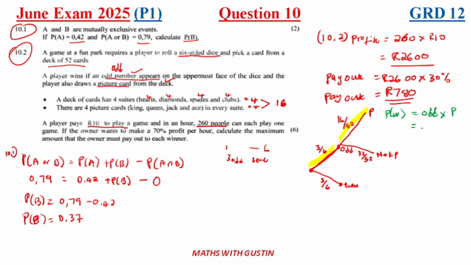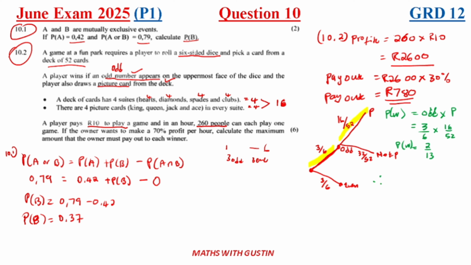Which gives us 3/6 multiplied by 16/52. This is the probability of getting a winner. It is giving me 2/13. This is for the win. All right. However, on top of that, we need to know how many people actually win.